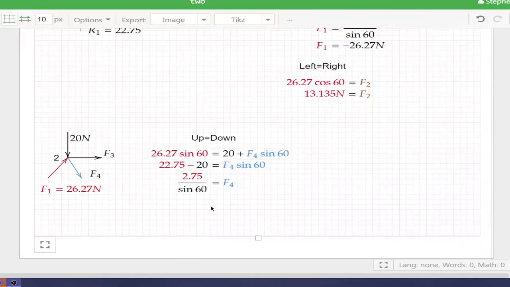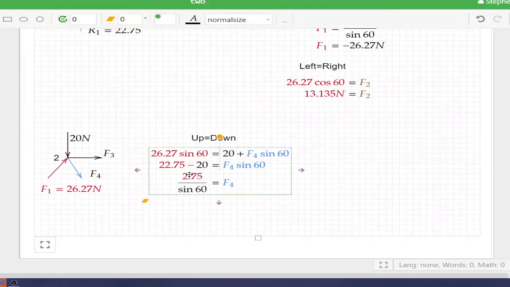So all we've done here is moved that sine 60 across for our next line, and subtracted 20 from 22.75. I guess another way we could have done this would have been to move our sine 60 over and cancel them both out.